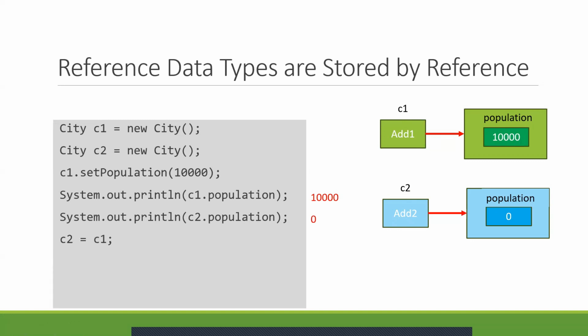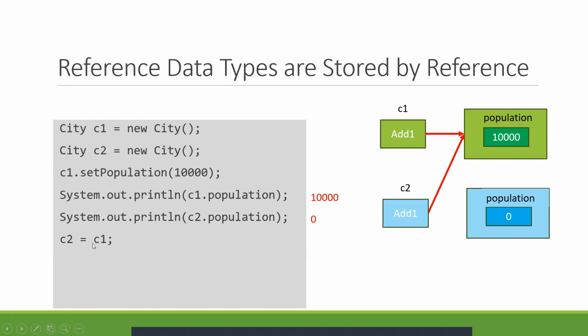Now, if we say C2 is equal to C1, what does the assignment operator do? It works right to left. That means it will take the value present in C1. What is the value present in C1? It is an address. Do note, it is an address. So this address will get copied to C2. Now whenever we access C2, it is going to read this address, go to that memory location and read values for us.